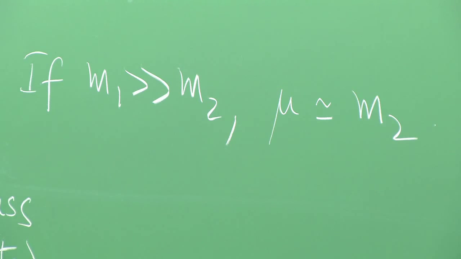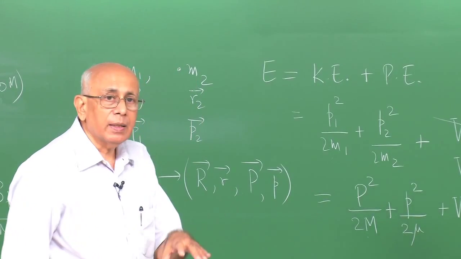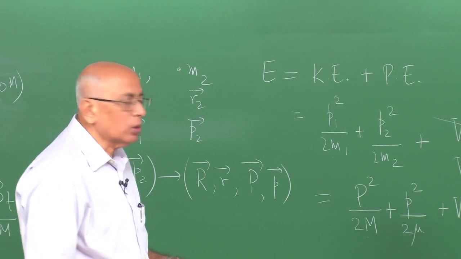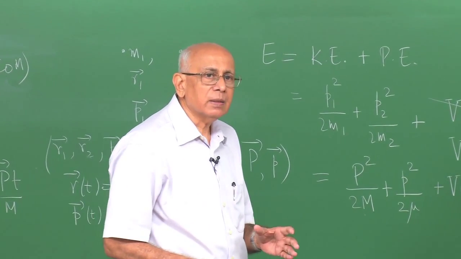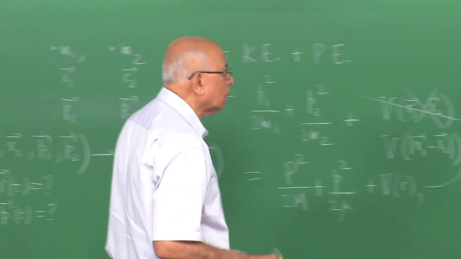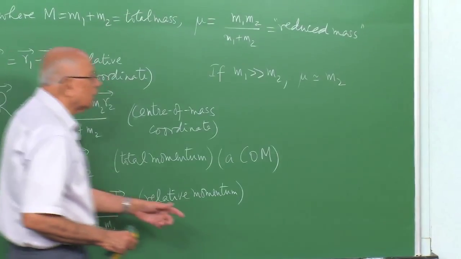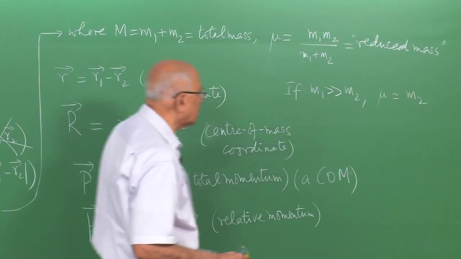This is what happens, for instance, if you consider any of the planets moving around the sun. So if the mass of the sun is m1 and the mass of the planet is m2, the effective motion of this planet is like that of a body of mass, effectively that of the planet itself. The mass of the sun cancels out top and bottom, and you have effectively a reduced mass which is essentially the mass of the planet itself.